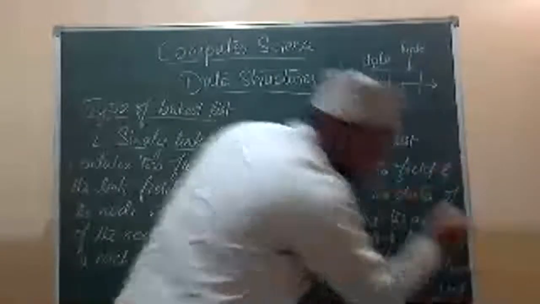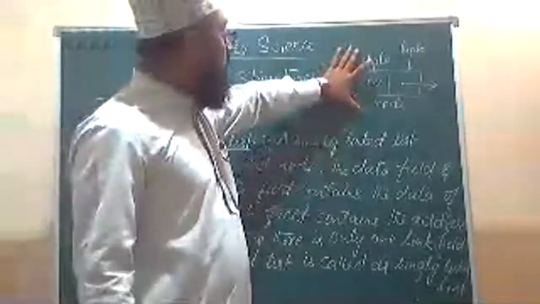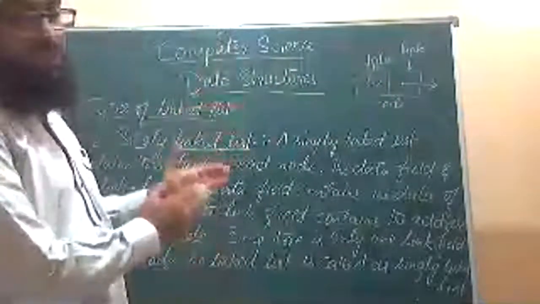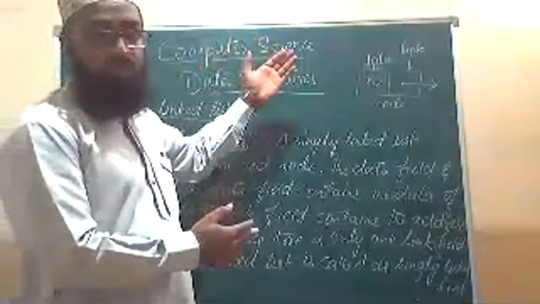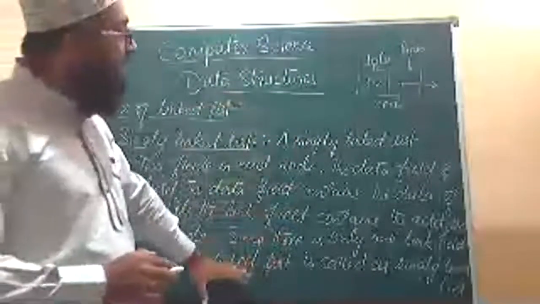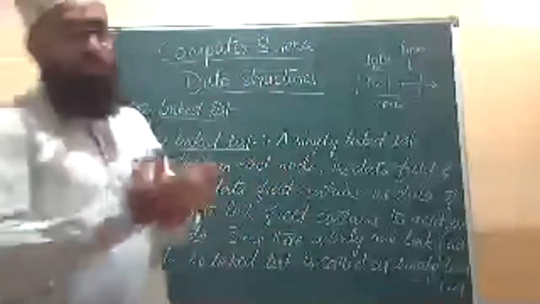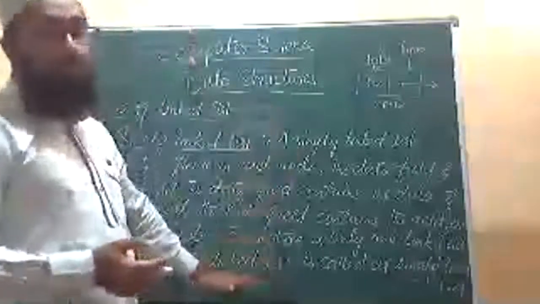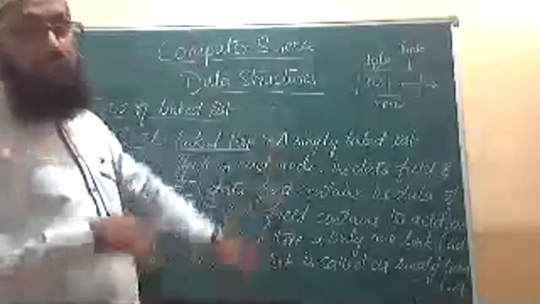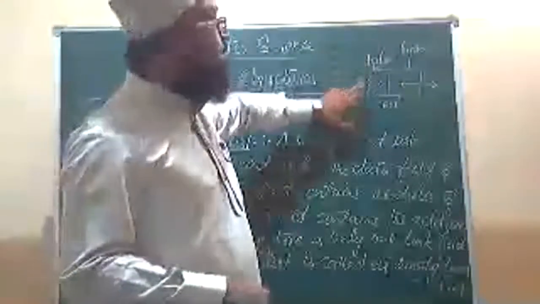Singly linked list. Here it is clearly explained. A singly linked list contains two fields in each node. This is the same as the definition of the linked list, but a little bit extended. In linked list, only the definition of linked list has been given, but here it is clearly explained what the singly linked list means. The first one is the data field, the other one is the link field.